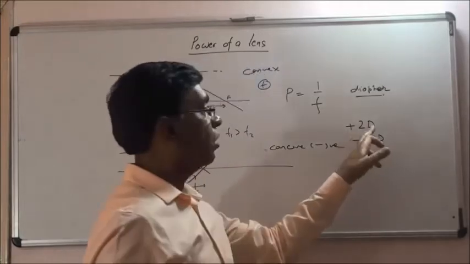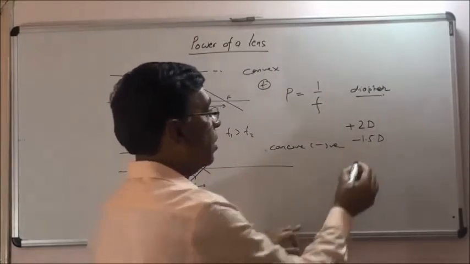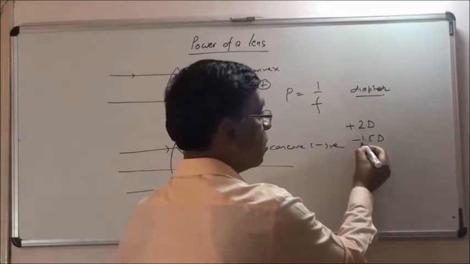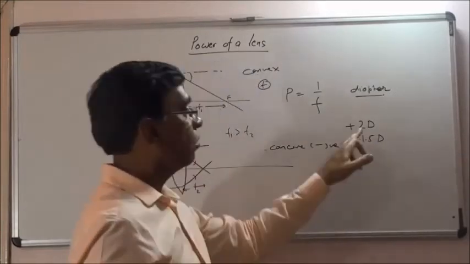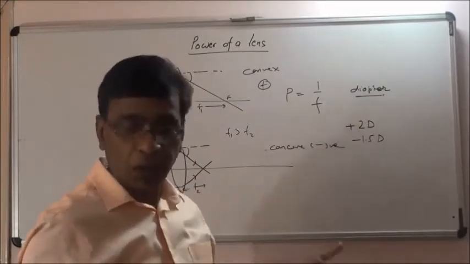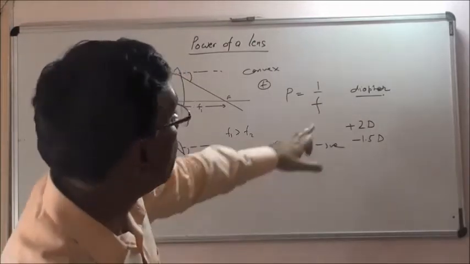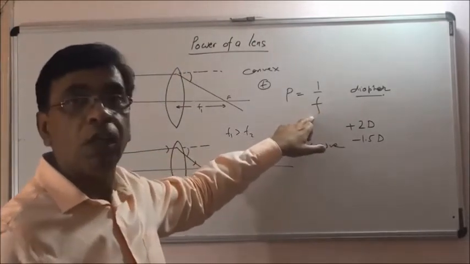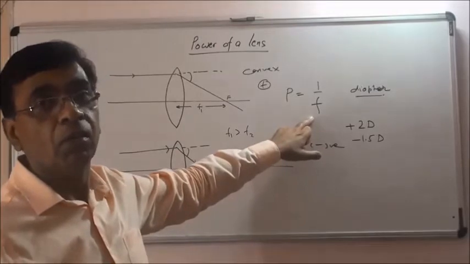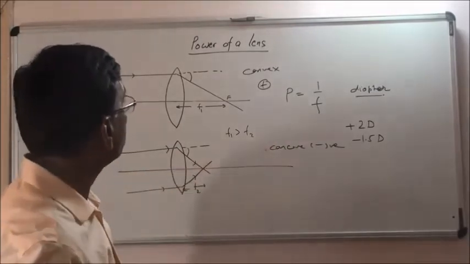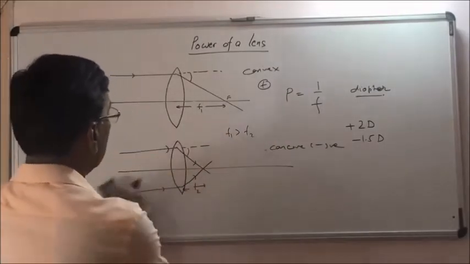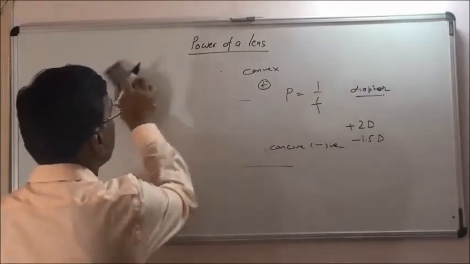It means 2 diopter, minus 1.5 diopter. It means concave lens of power 1.5 diopter, convex lens of power 2 diopter. And this is diopter only when focal length is taken in meter, not in centimeters. Okay. So this is how we define power of a lens.